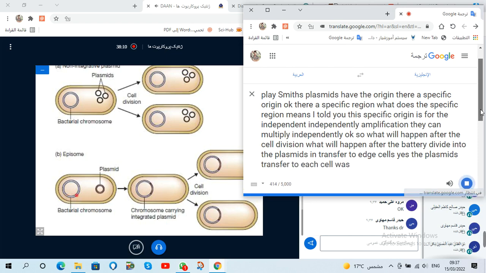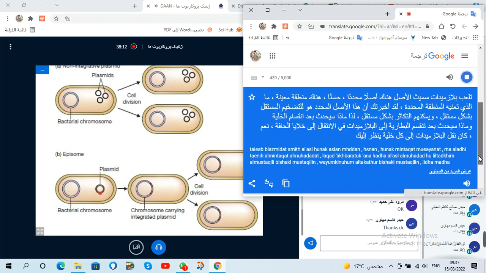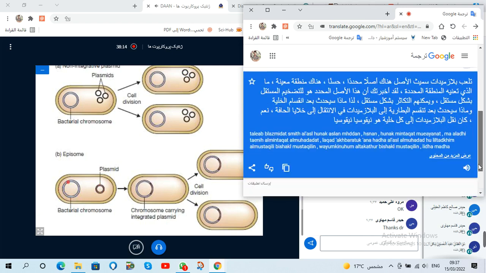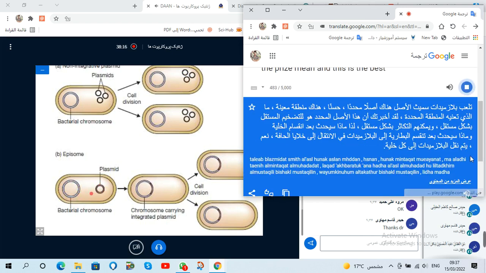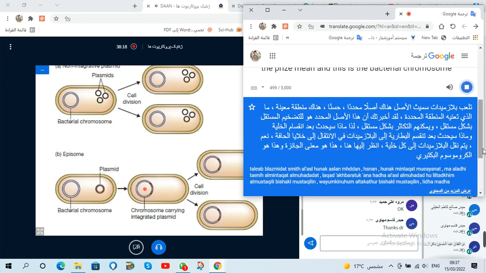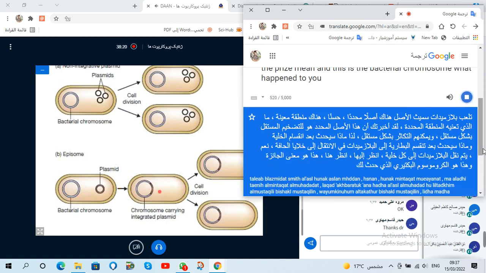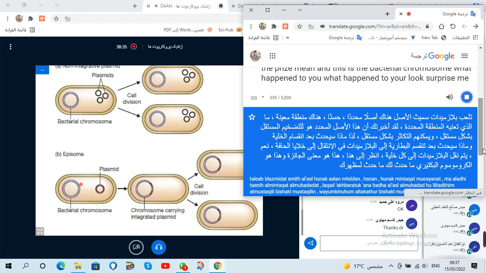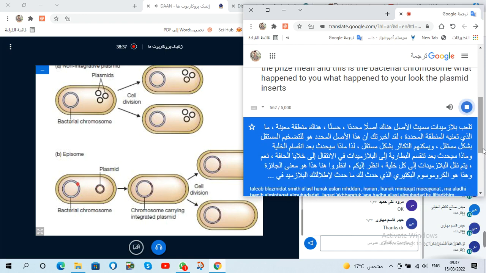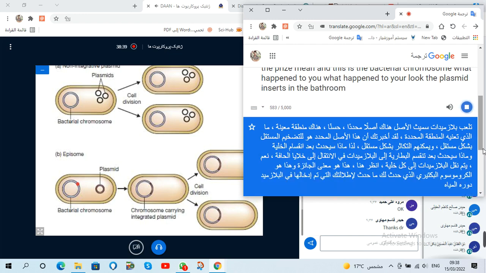But look at here. This is the plasmid and this is the bacterial chromosome. What happened here? Look. The plasmid inserts in the bacterial chromosome.